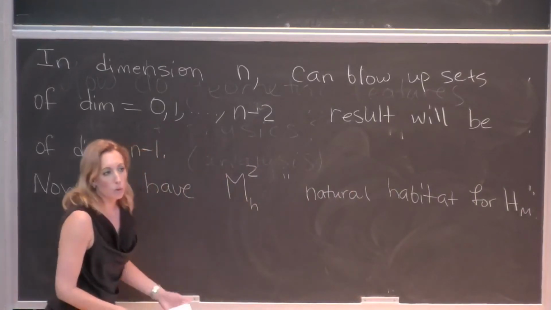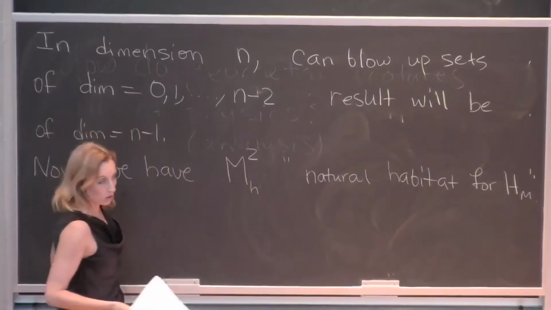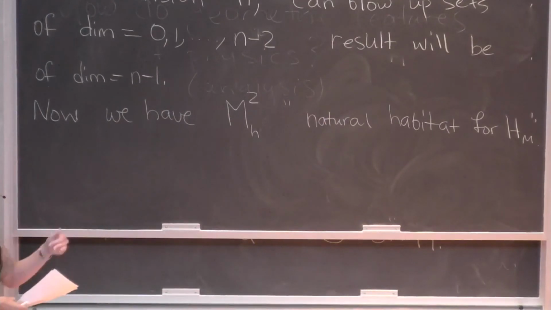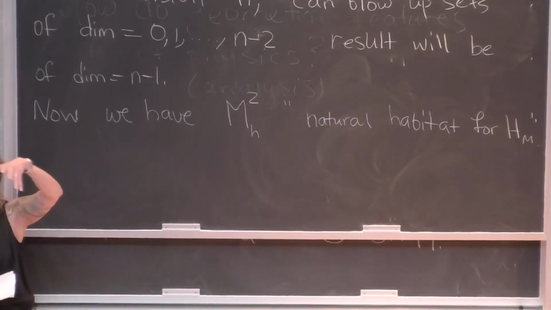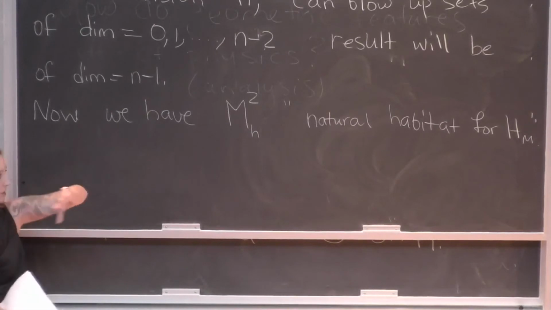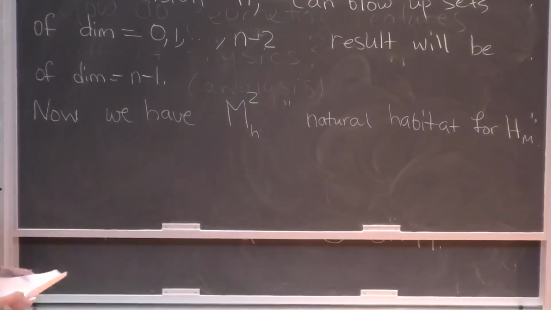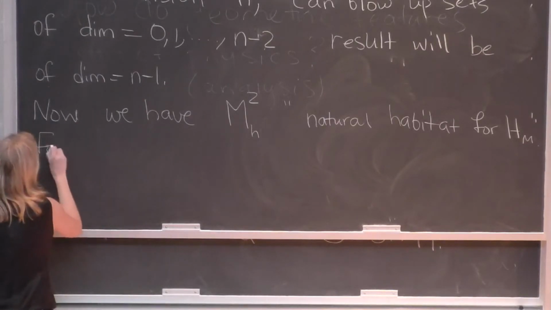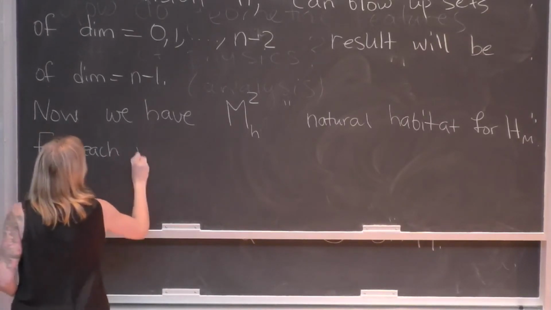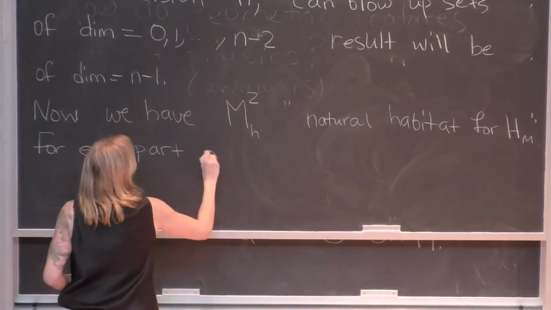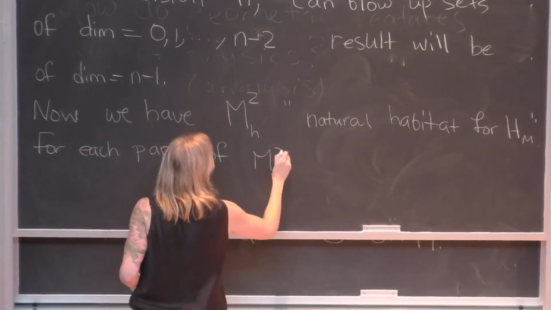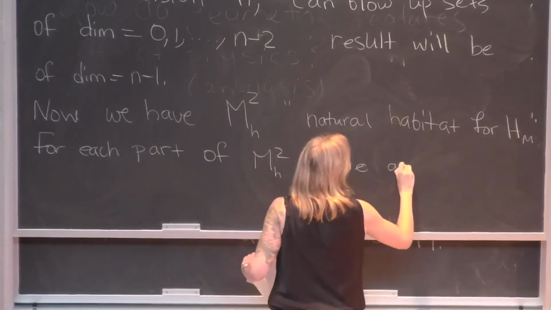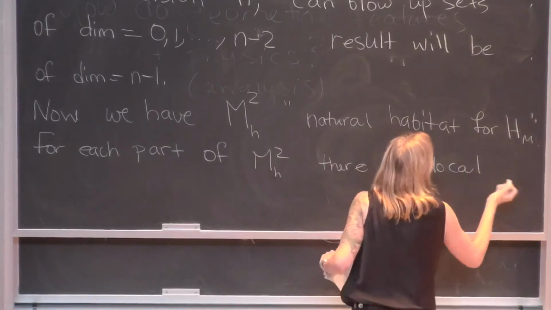Okay, so the next step is we want to study and understand the heat kernel roaming around this nice, cozy, natural habitat. To do that, we will look at the different parts of this space, and we will use models. For each part, there are local asymptotic models.